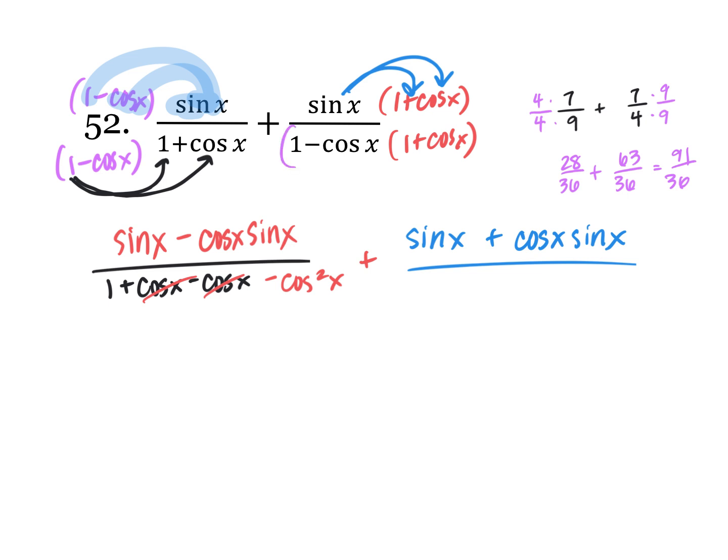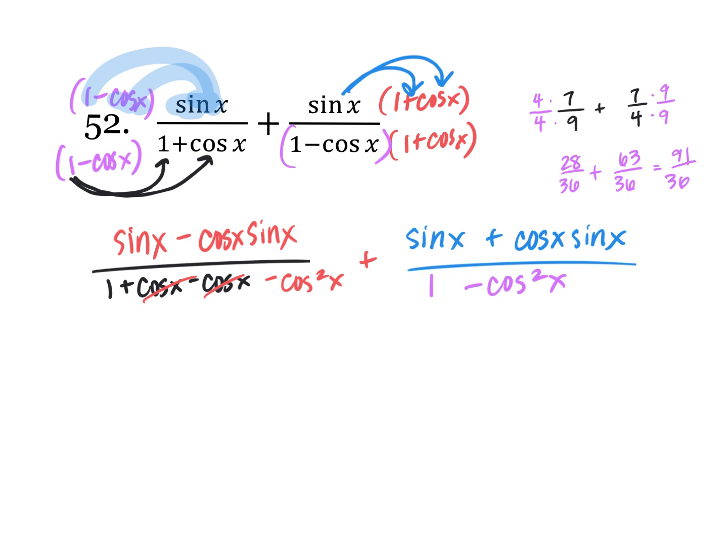This is another conjugate. Let's see if things cancel out. 1 minus cosine squared of x. And we get another negative cosine, so they're going to cancel out, leaving minus cosine squared over there. Beautiful.